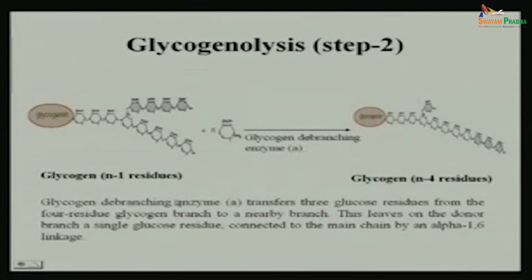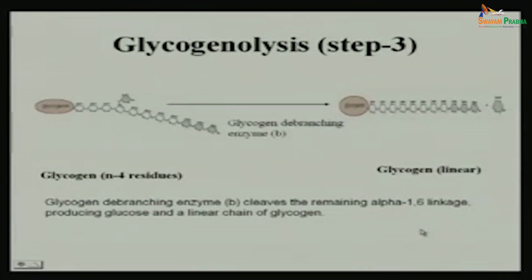Now, glycogen debranching enzyme A transfers these 3 glucose residues from the 4-residue glycogen branch to the nearby branch, where it is getting joined. This leaves on the donor branch a single glucose residue connected to the main chain by an alpha-1,6 linkage.